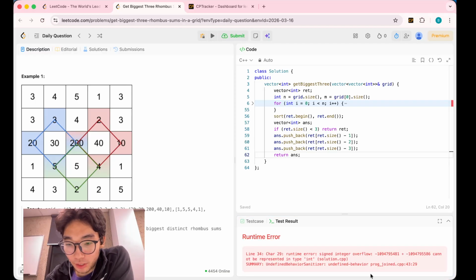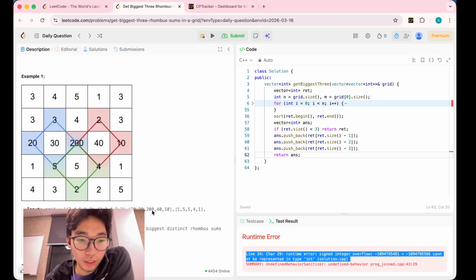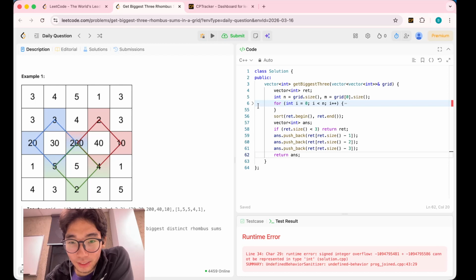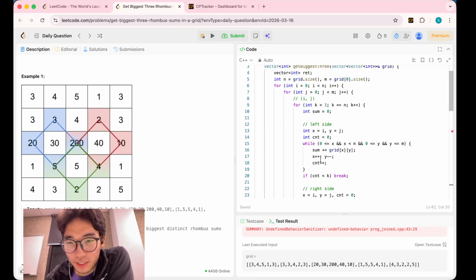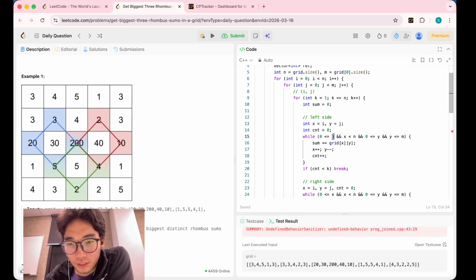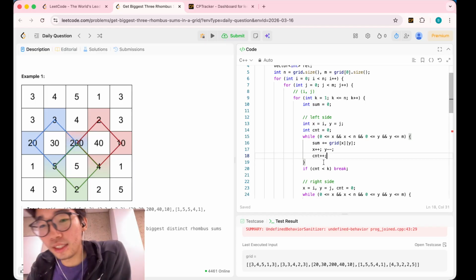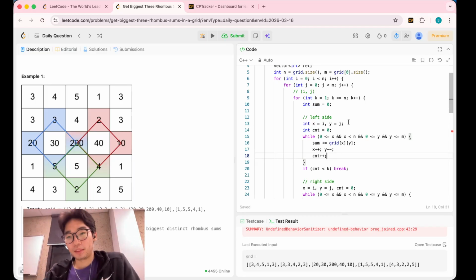Runtime error: integer overflow. What? Why would I have integer overflow? That's very weird. Oh, I forgot, I've got to do this k times, right? But still, that shouldn't be a problem.